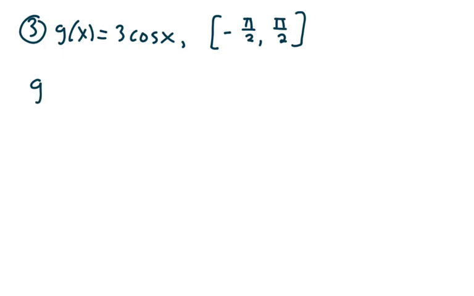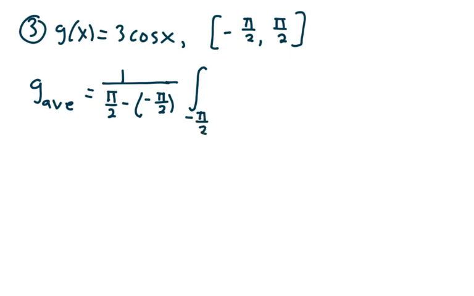So the average value of g is 1 over pi over 2 minus negative pi over 2 times the integral from negative pi over 2 to pi over 2 of 3 cosine x dx. But pi over 2 minus a negative pi over 2 is pi.